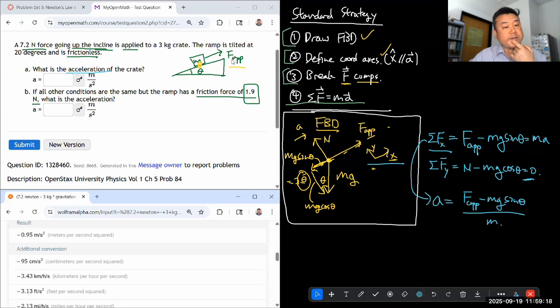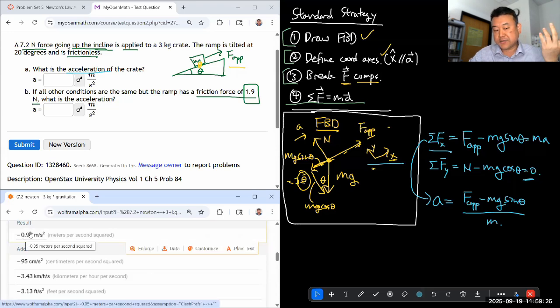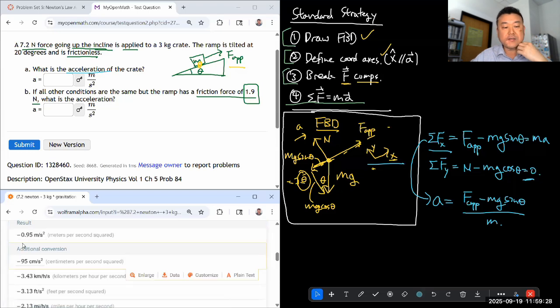So here's the question. Does the question expect a positive answer or negative answer? Signed quantity or unsigned quantity. One could argue that this is only negative because I chose my x-axis wrong. If I chose my x-axis as going down the hill, then I would have gotten a positive answer.